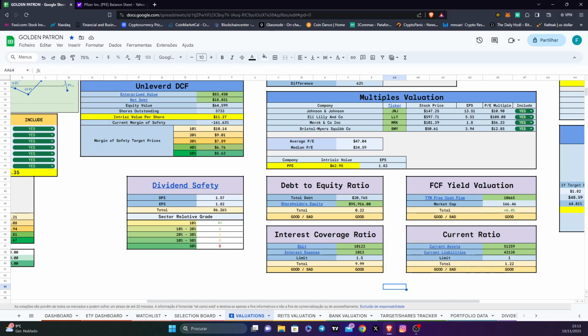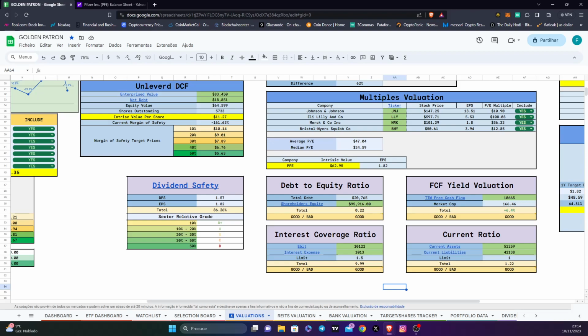And now, last but not least, we have the interest coverage ratio, okay? The interest coverage ratio is a metric used to evaluate a company's ability to meet its interest obligation on the outstanding debt, okay? Calculated by dividing earnings before interest and taxes by the interest expenses.